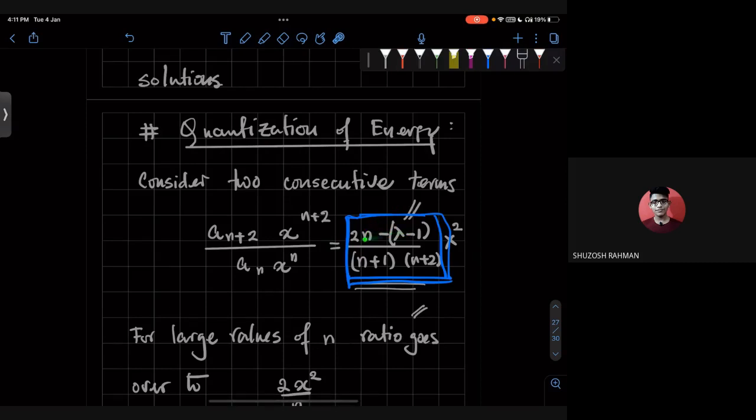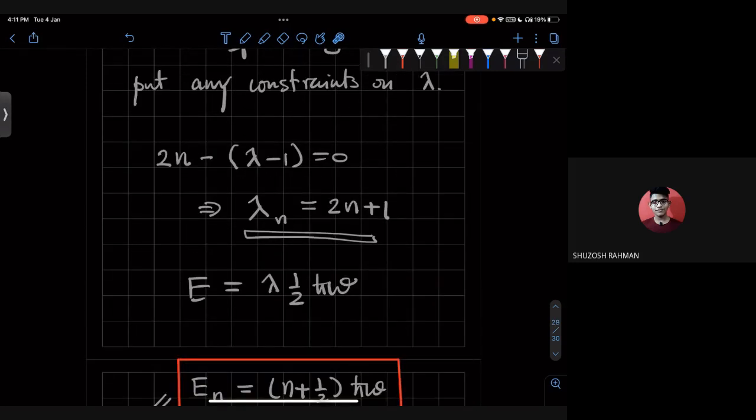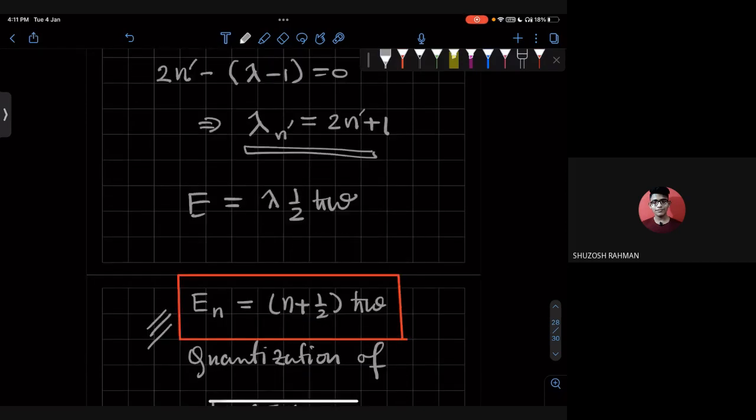So that means that we set this to 0, so 2n, and that means that lambda can take only discrete values. So that's why I'm putting a subscript on n. So this is for some given n. It will depend on the solution. Maybe let's call it n prime. So for some value of n prime, and then if I put this back into the energy, I see that the energy is also quantized.